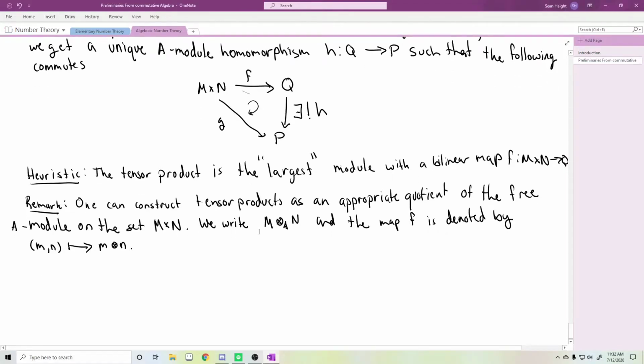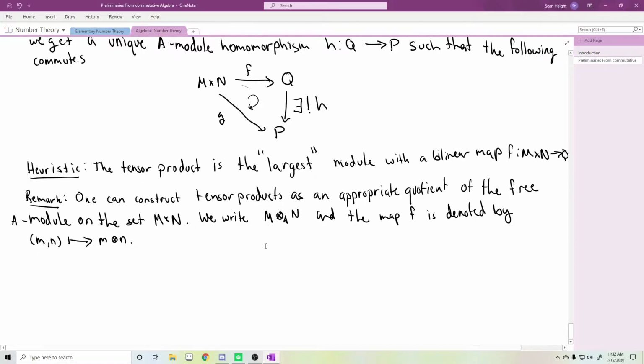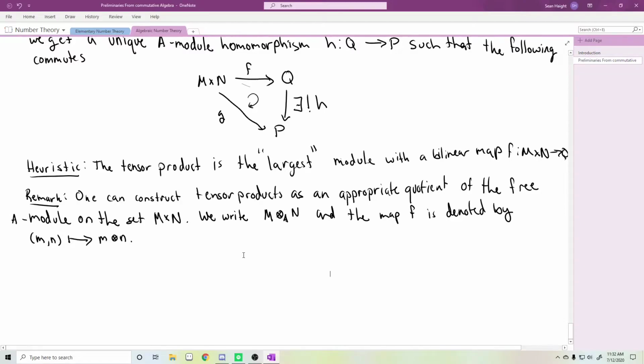Okay, so let's talk a bit about some of the properties this tensor product has. First, a proposition. We have an isomorphism, maybe let's just say of abelian groups.